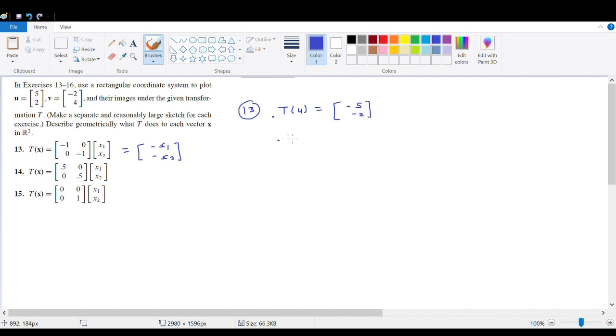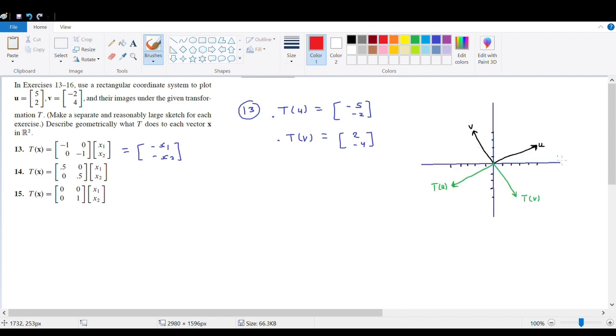Similarly, T of v: our v is minus 2, 4, so T of v will be minus minus 2, which is 2, and minus 4. Now we need to sketch u and v, and also T of u and T of v, to know what happened to these vectors under the transformation.